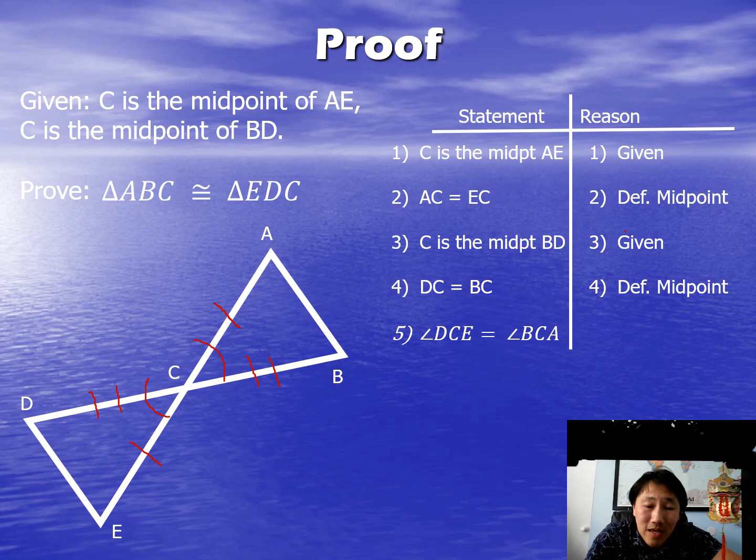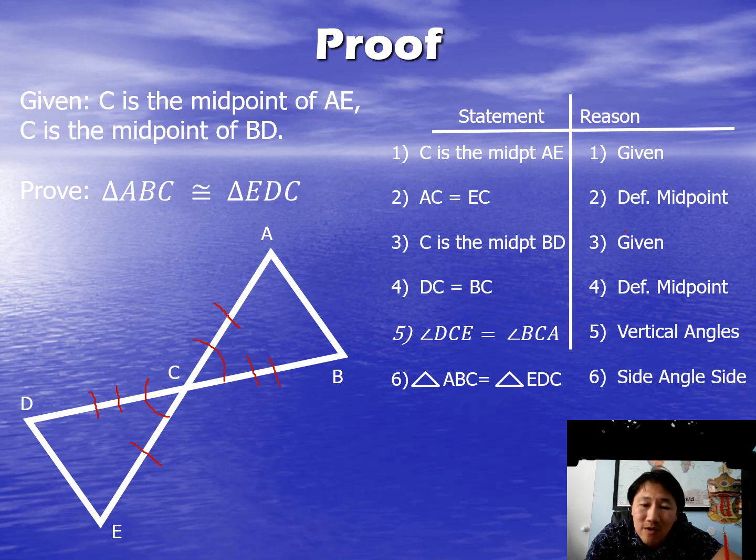All right, use three letters to be more specific. And what are those called? They are vertical angles. Okay, so it looks like we have enough information to show that triangle ABC is congruent to triangle EDC, and that is because we were able to show side, angle, side in the correct order.